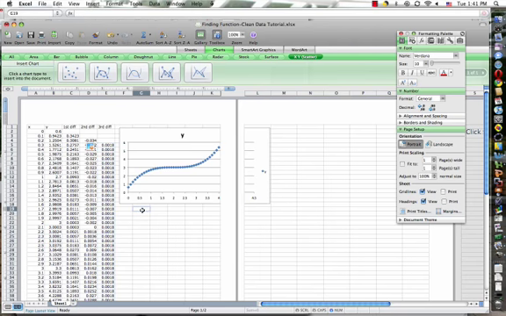Well, if it is a cubic, it's going to follow the equation y equals ax cubed plus bx squared plus cx plus d.